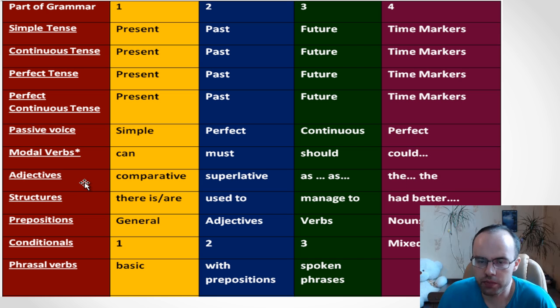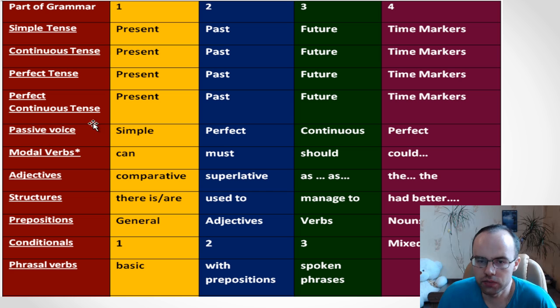So, to sum up, I'll try to be short. You need to start with tenses, and you need to understand all these tenses, but it doesn't necessarily mean that you'll use all of them in your speech. Of course not. But if you really want to understand other people, you need to know it.